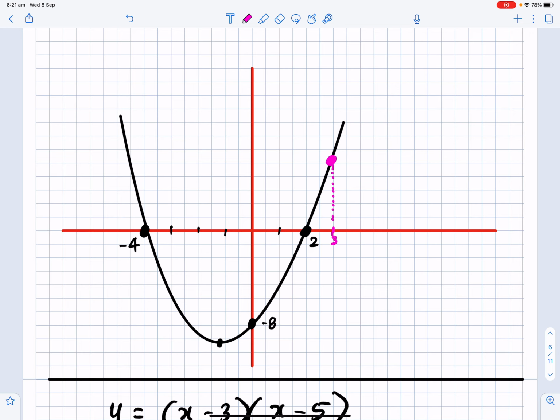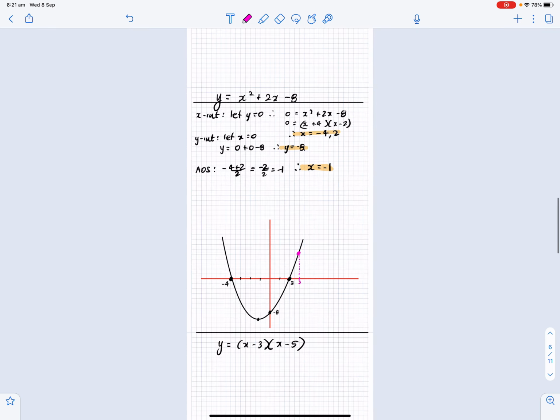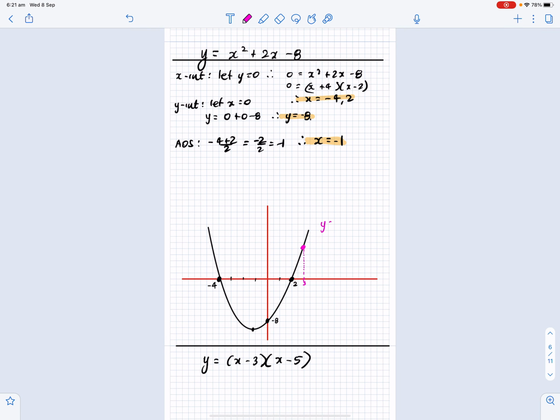You would sub in x is equal to 3 into the equation of the parabola. So y is equal to x squared plus 2x minus 8. You would sub in 3 into x, and you would get 9 plus 6 minus 8, which is 15 minus 8, which is 7. So now I know that the y value there is 7. So this point here is (3, 7).